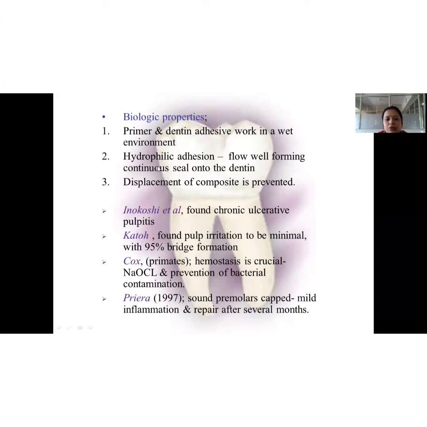But when using this, Inokoshi et al. found chronic ulcerative pulpitis, while others found pulp irritation to be minimal. Hemostasis is crucial, and sodium hypochlorite and prevention of bacterial contamination is to be done. Another study found premolars capped showed mild inflammation remaining after several weeks.